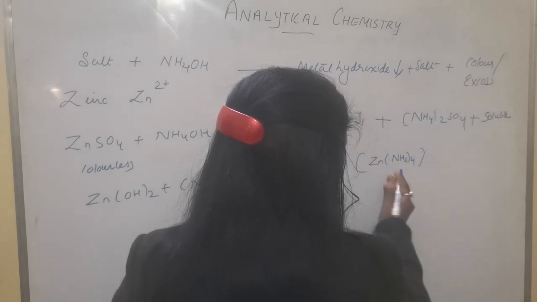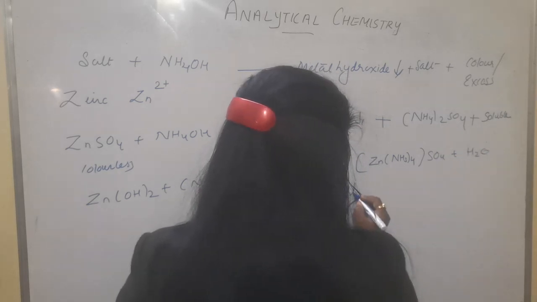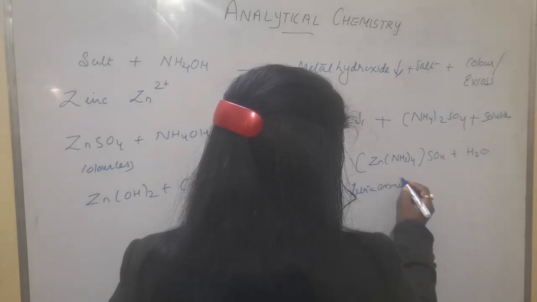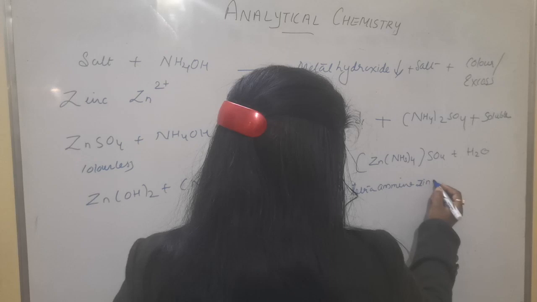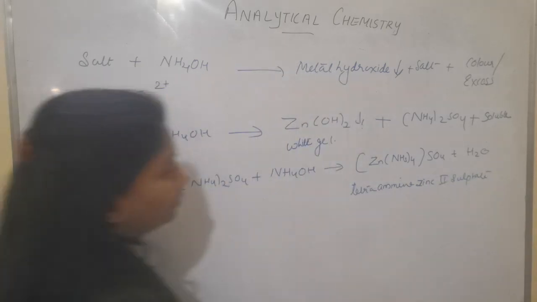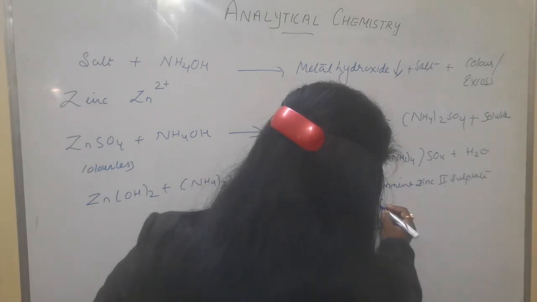Tetra means 4. And it would be colorless. So this tetraamine zinc 2 sulfate would be colorless.